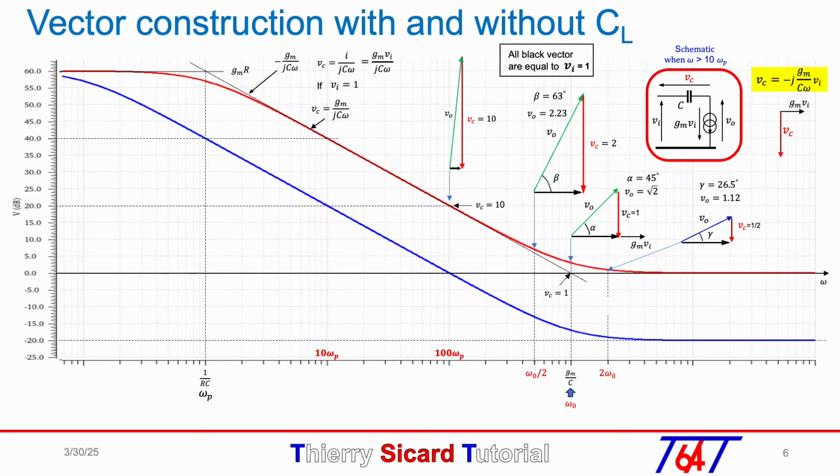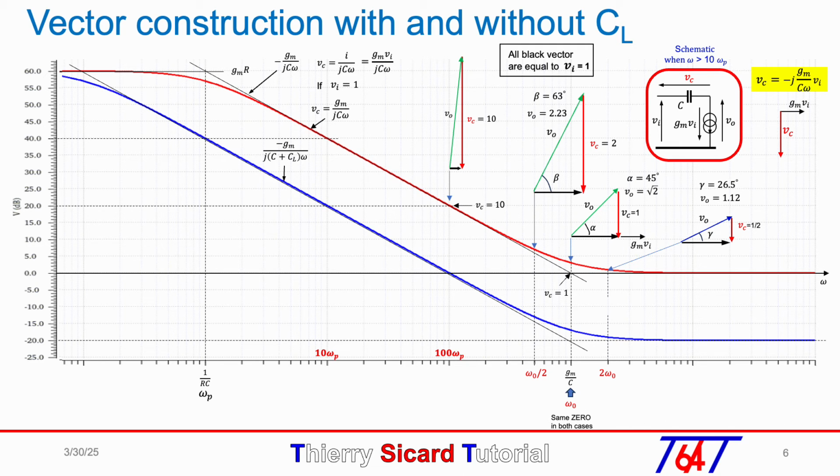with a capacitive load. This blue curve has the same horizontal asymptote equal to the DC gain GmR. The asymptote of minus 20 dB per decade is minus Gm over (C plus Cl) times omega.